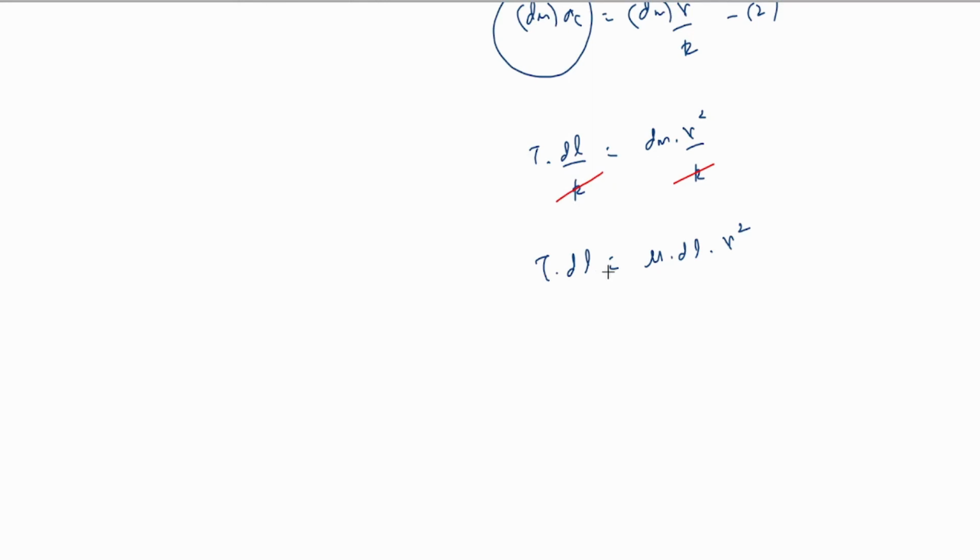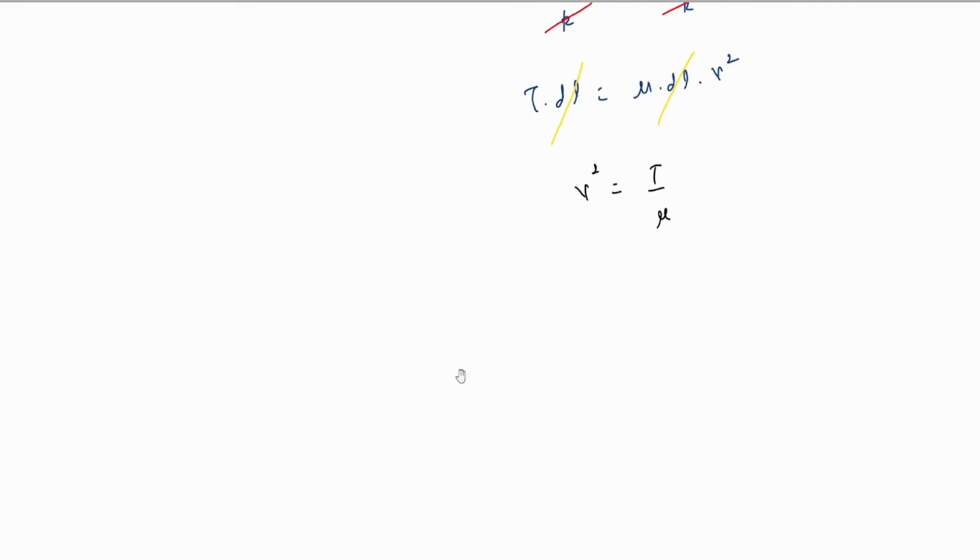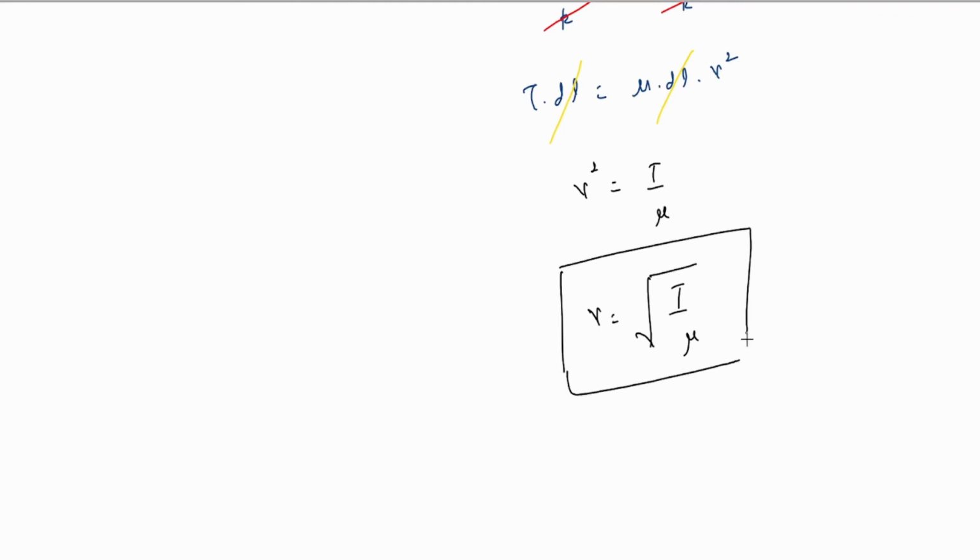Again from here dl gets cancelled, therefore v square is equal to T by mu, or v is equal to the root of T by mu, where T is the tension in the string and mu is called mass per unit length. This is the expression for velocity of a transverse wave on a stretched string.